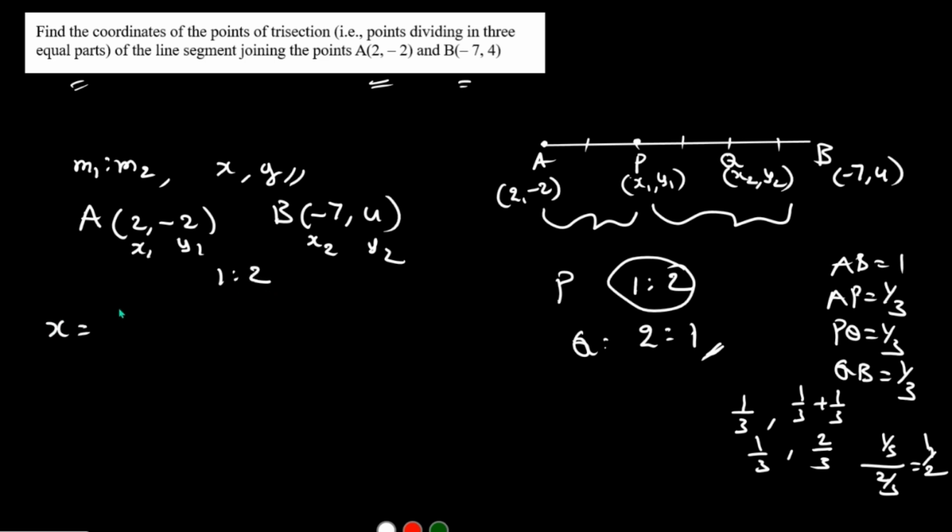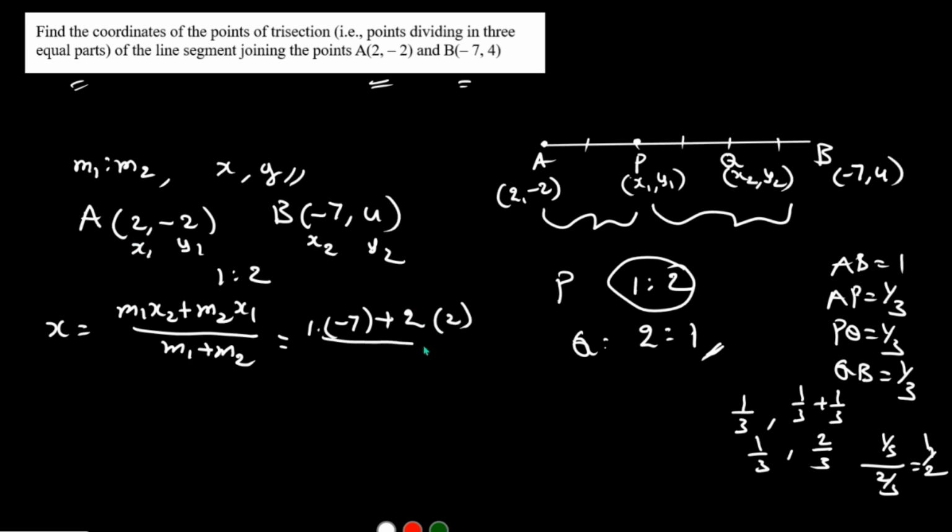We use (m1 x2 plus m2 x1) divided by (m1 plus m2), right? So what is m1 here? 1 into x2, which is -7, plus m2 which is 2, into x1 which is 2, divided by 1 plus 2, m1 plus m2, right?